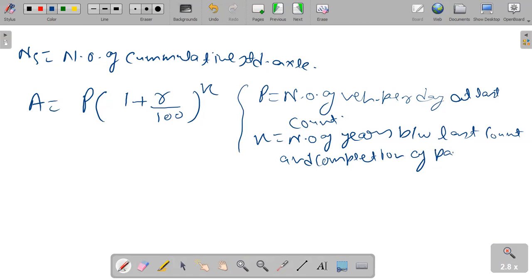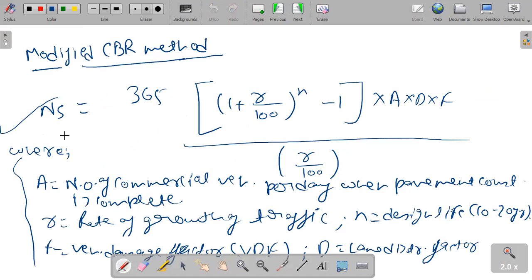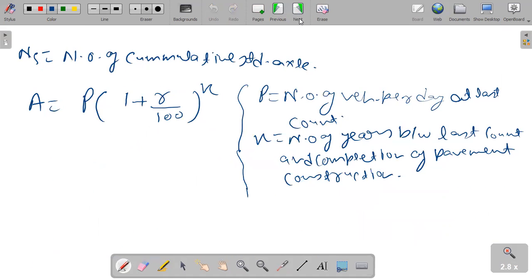So yeah, this is all about the modified CBR method. Do remember these formulas, and most important this formula. There are a lot of questions from here.